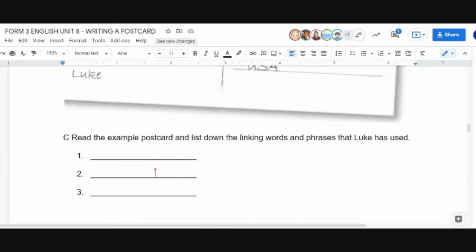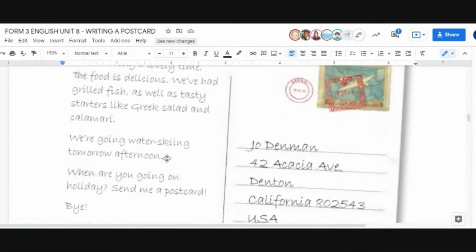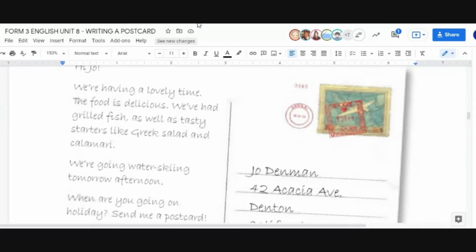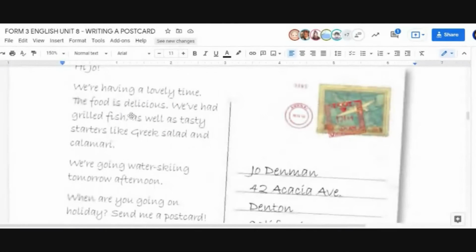Okay, very quickly, there are 3 linking words or phrases that Luke has used in the postcard. Very quickly go through the postcard again and tell me what are these 3 linking words. Okay, just type in the chat box. Yeah, as well as. What else? We also use like.